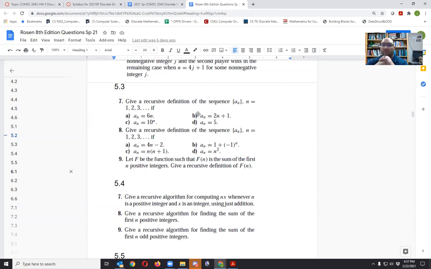And then a sub n plus 1, I think it'll be 2 times a sub n plus 1, and a sub 1 equals 3.